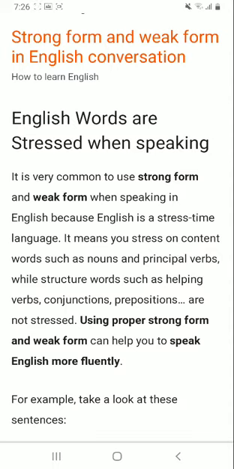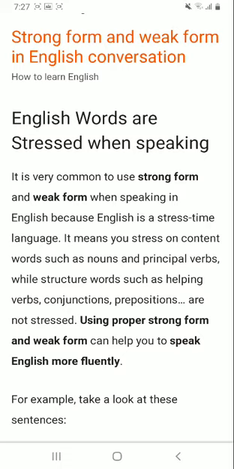It means you stress content words such as nouns and principal verbs, while structure words such as helping words, conjunctions, and prepositions are not stressed. So stressed words are strong. Unstressed words are weak. Again I will repeat: stressed words are stronger. We give stress for the word and it makes it stronger.